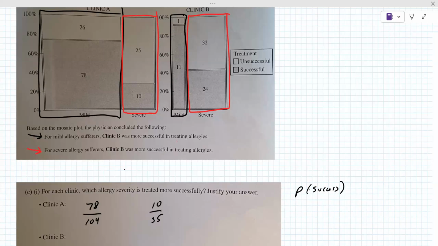And what I don't know is whether you can just sit here and say that because that's bigger, that means it's more successful, or if you need to actually do a 2-sample proportion test. Right, and your calculator will do that. That's under stat test, 2-sample prop, it's prop for proportion.